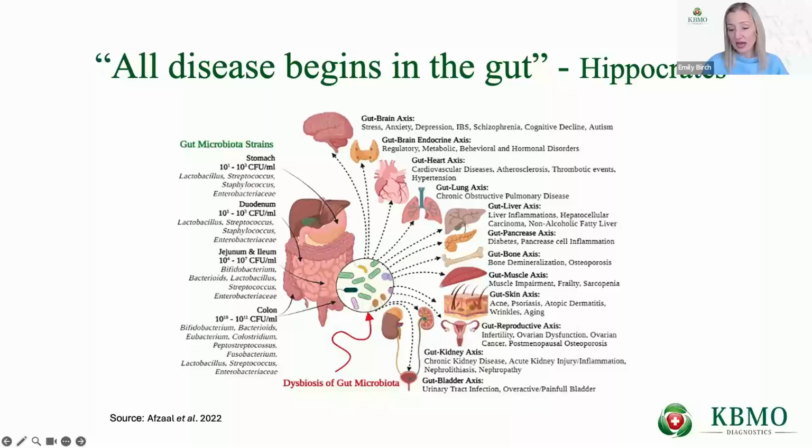You'll see the study that I got it from at the bottom there, and it alludes to this fact that all disease begins in the gut, talking about the health conditions associated with the gut-brain axis, the gut-heart axis, the gut-bone axis, the gut-liver axis, and so on and so forth, and really bringing us back to that place of understanding.